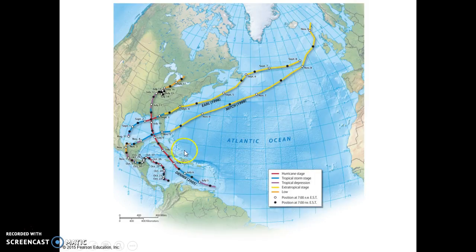Interestingly enough, the hurricane went right in between Haiti and Cuba, and a lot of people died in Haiti. I don't know if anyone died in Cuba, maybe one or two people. And remember, a few people died in the US too because of that hurricane.